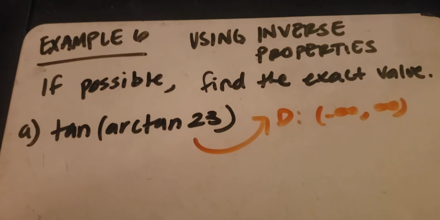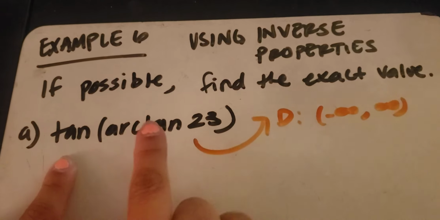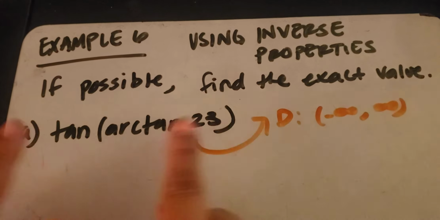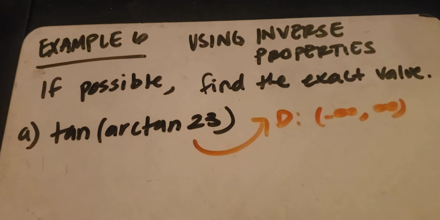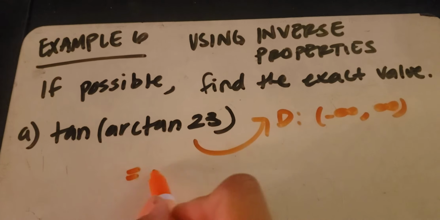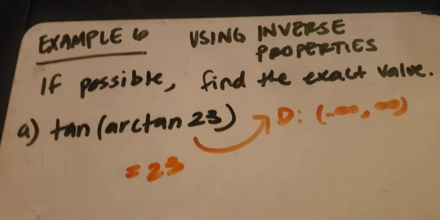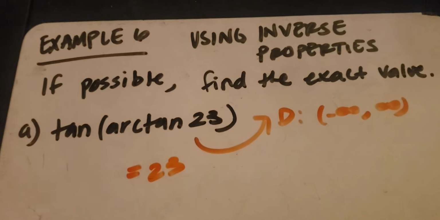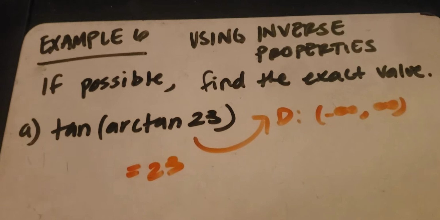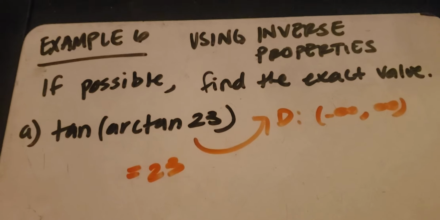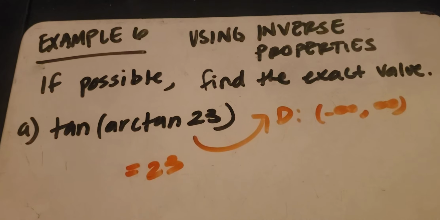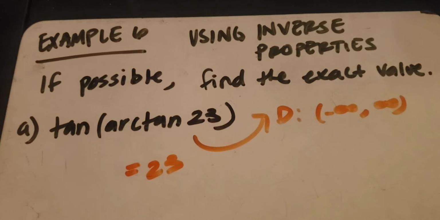I know for a fact you did it in integrated 3, but the tangent and the tangent inverse basically cancel each other out. So all you're left with is just 23. That's it. It's a composition property. Again, you can either look at the properties on page 320 or make an index card.